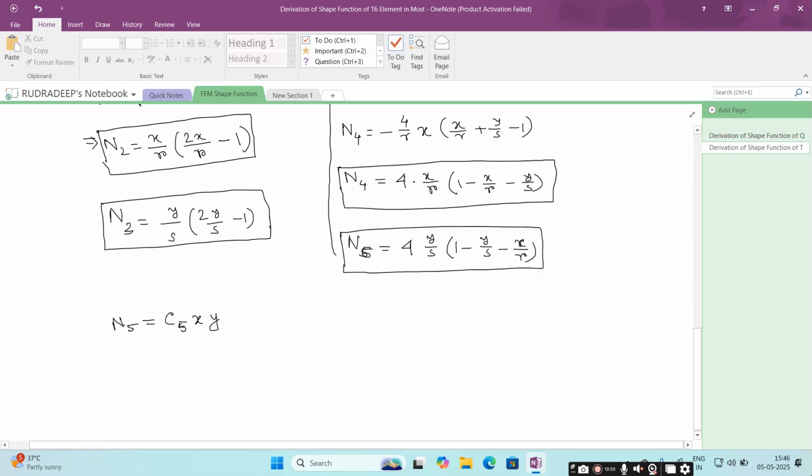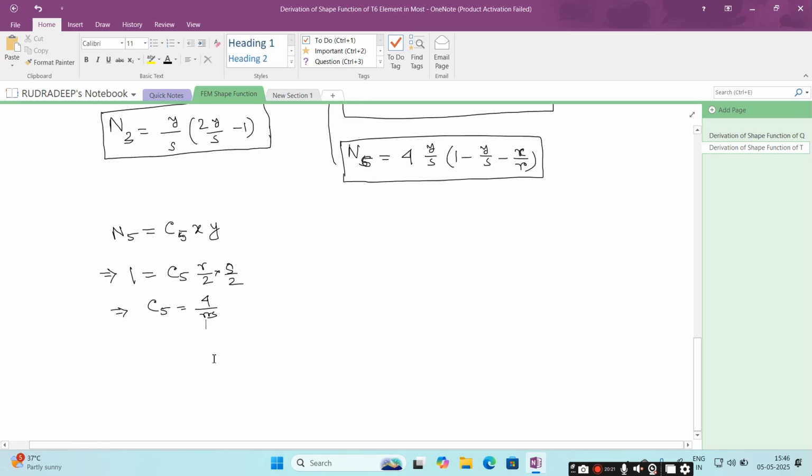The location of node 5 is r by 2, s by 2, and at that point n5 value will be 1. I will get the value of c5 from there, that is 4 by rs.